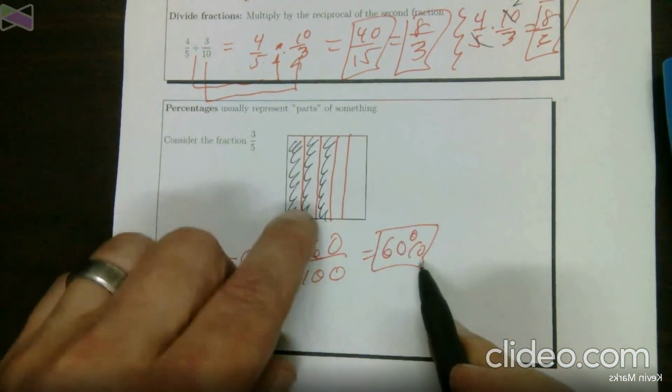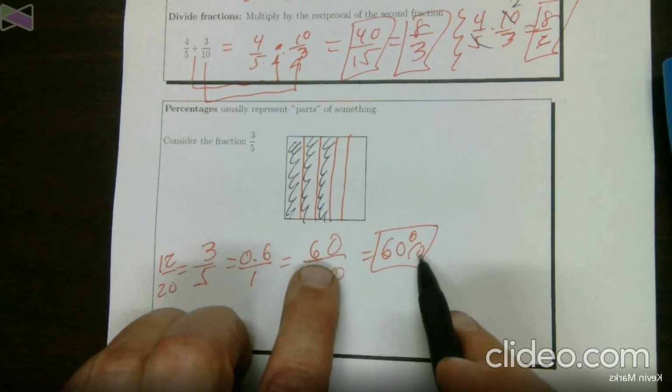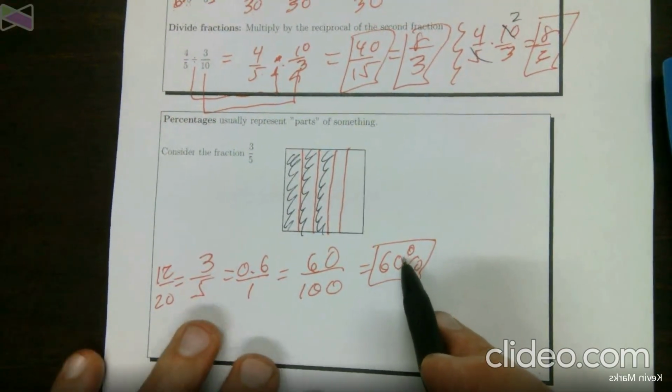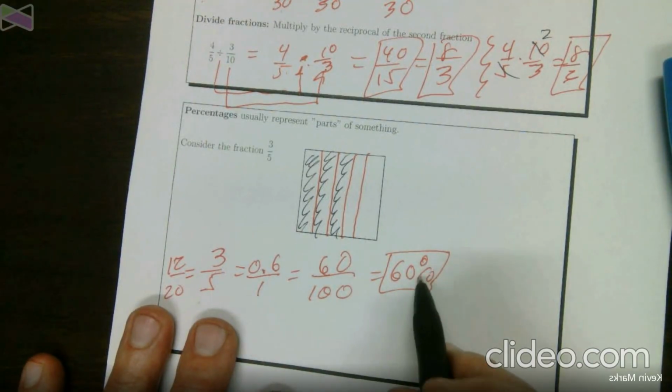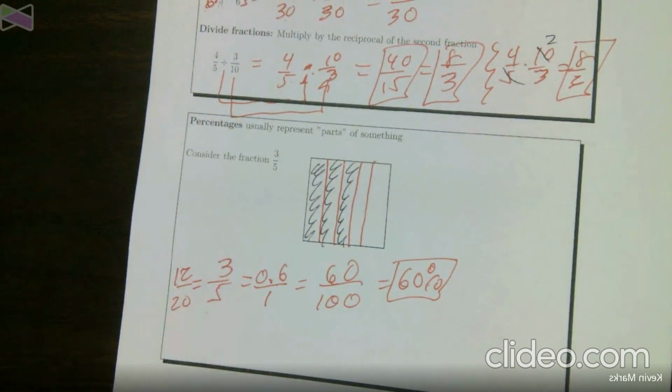So basically, writing it out of 100, you can drop the 100 and use the percent symbol. That's what a percentage means. It means out of 100. Or the short version is whenever you see a decimal, just move it over 2 slots, and there's your percentage.